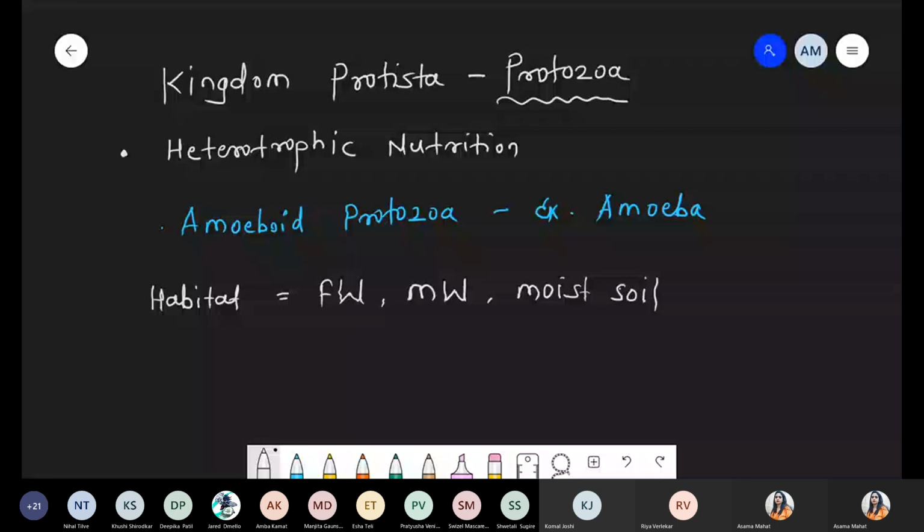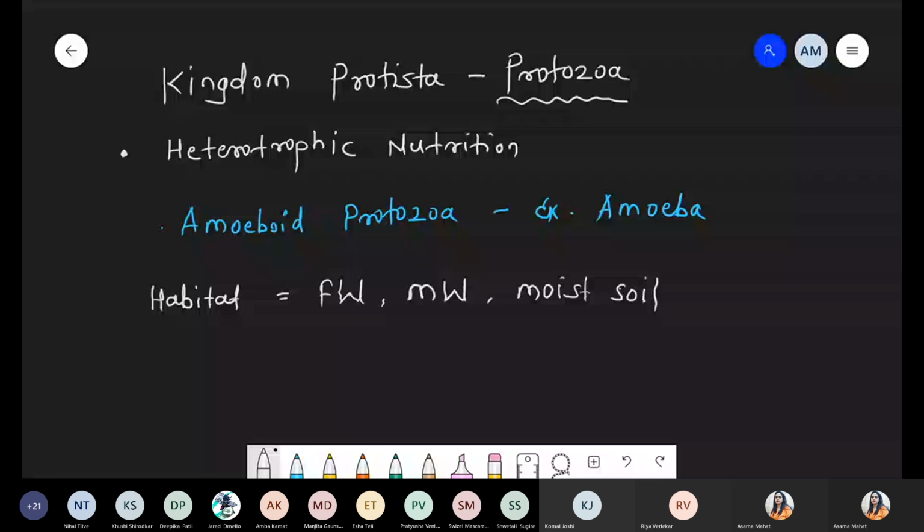Now, another condition: there are a few amoeba present in marine water, and they have a silica shell. I hope you remember in case of diatoms we also discussed that they form a cell wall made up of silica.